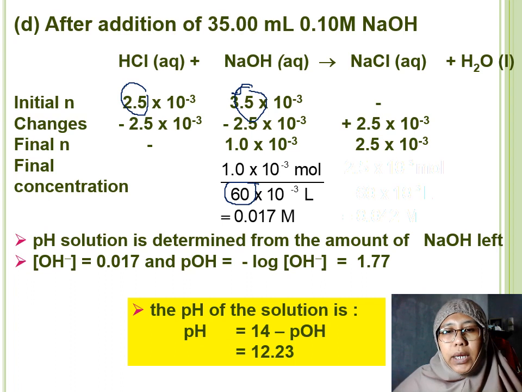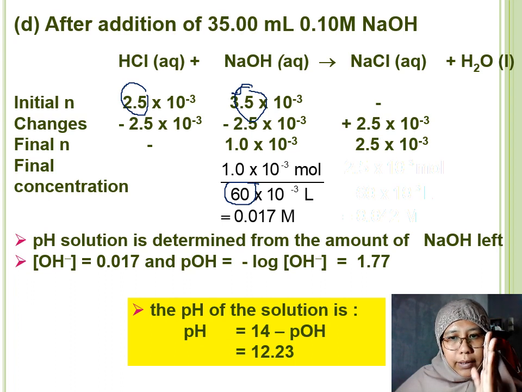So what happens here is we want you to plot the graph. We want you to sketch the graph. The graph is going to be pH on the y-axis, the volume of the sodium hydroxide on the x-axis, and you're going to have 4 plotted points here. The first one having pH 2.69, the second one 7, the third one 12.23.